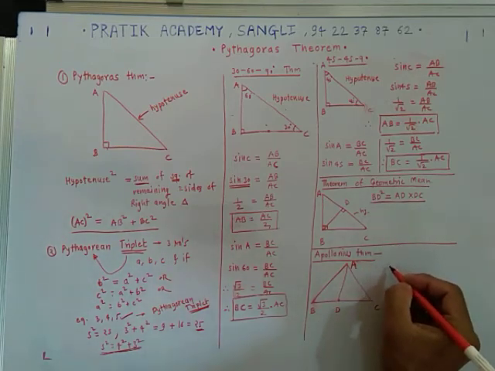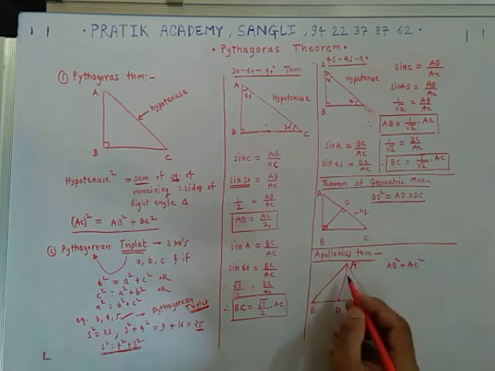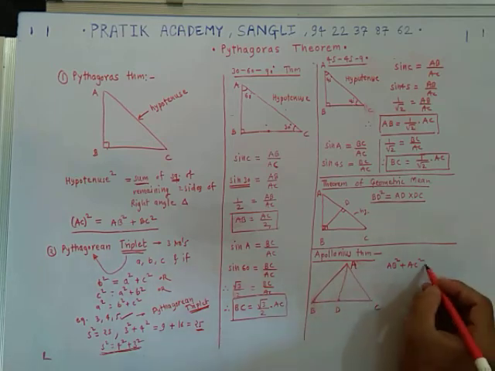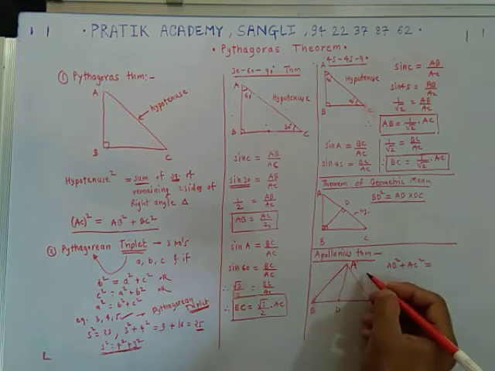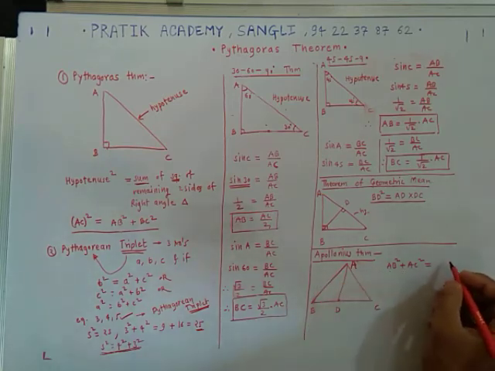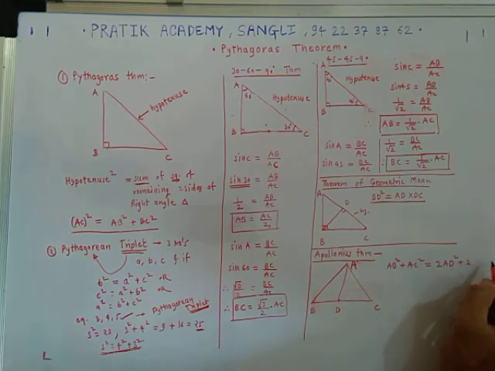Apollonius theorem states that AB square plus AC square, that means squares of the remaining two sides, the sum of squares of the two remaining sides is equal to 2AD square plus 2BD square.